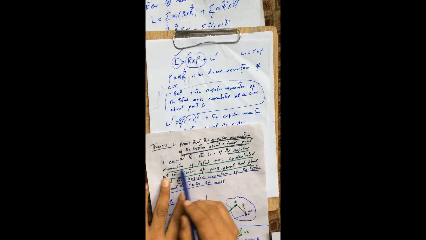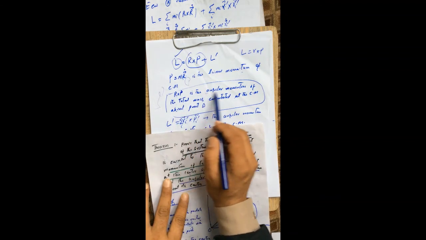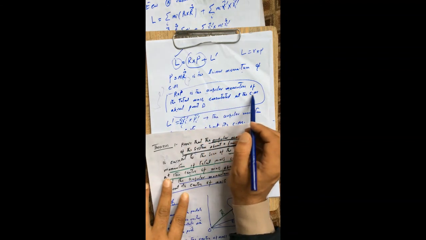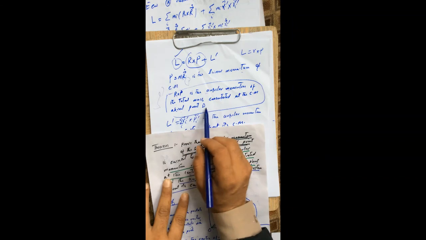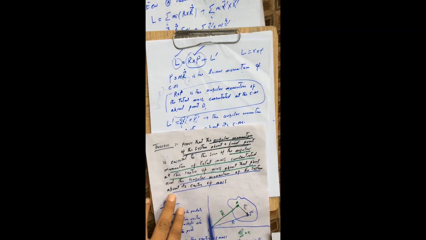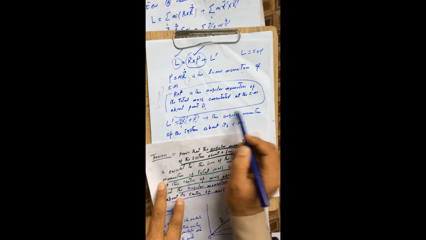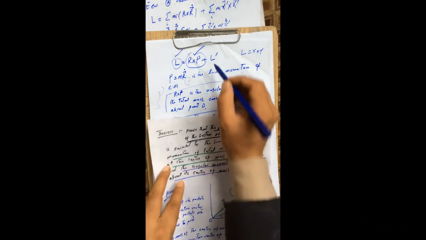One is the angular momentum of the total mass concentrated at the center of mass about point O, which is this one, plus another term, the angular momentum of the system about its center of mass, which is this one. So this proves the theorem.